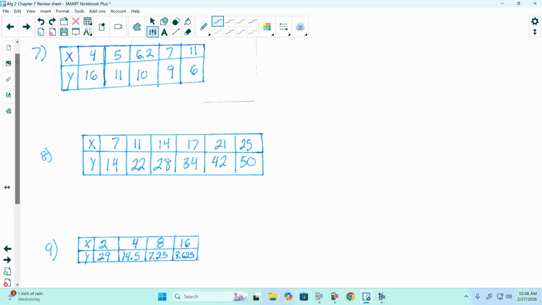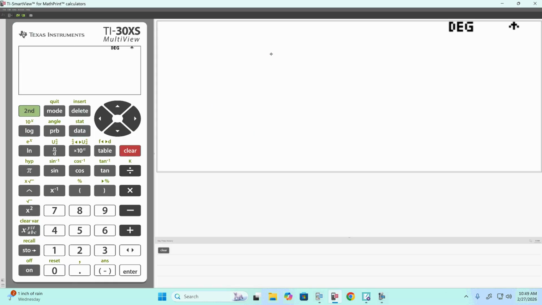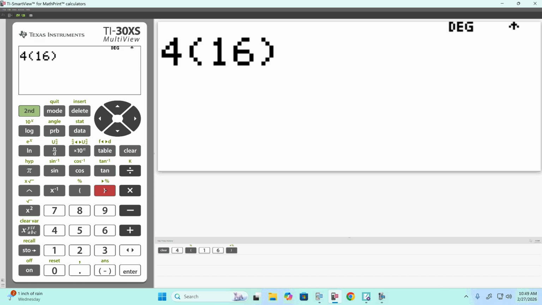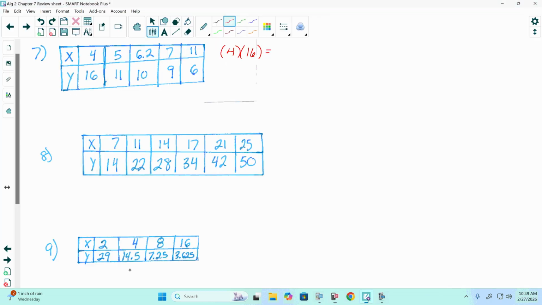Now, when we're given a table to determine direct or inverse variation, we're going to either multiply them together to determine if it's inverse or divide them to determine if it's direct. So if we look at number 7 and we do 4 times 16, well, we can grab a calculator and say 4 times 16 is 64.